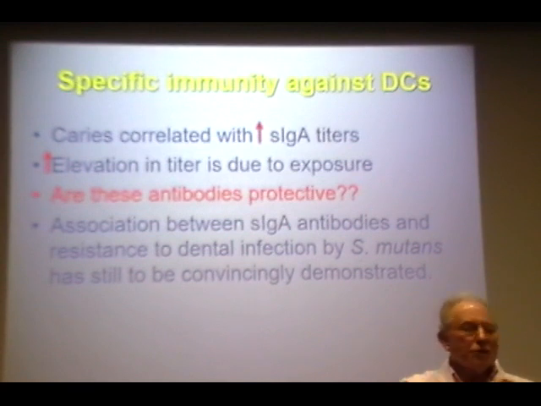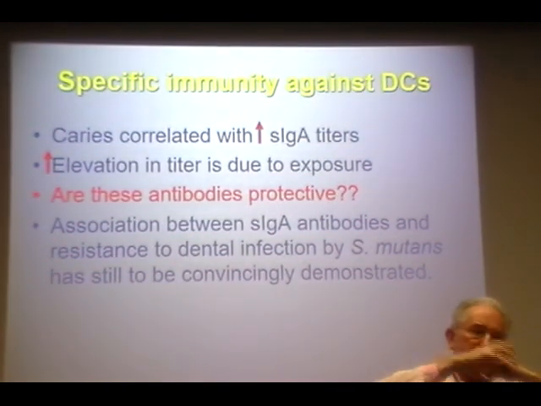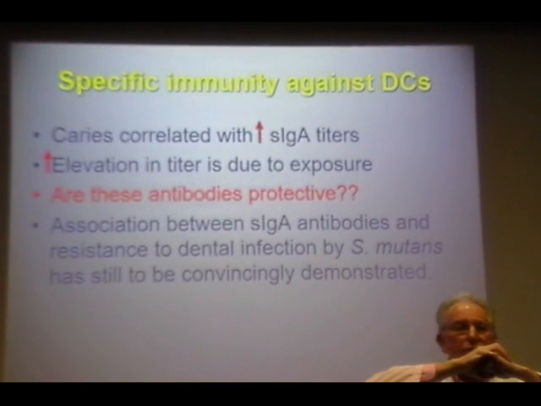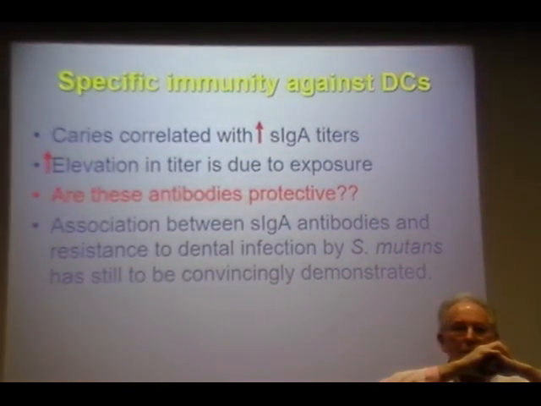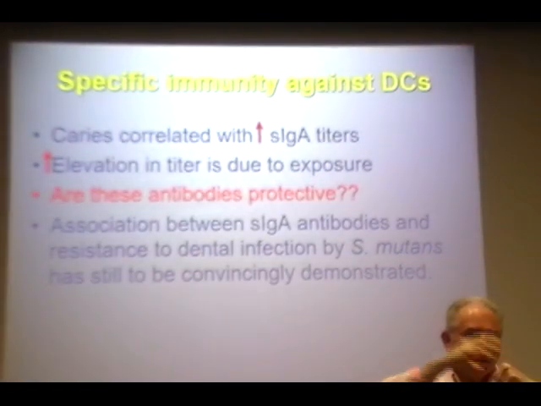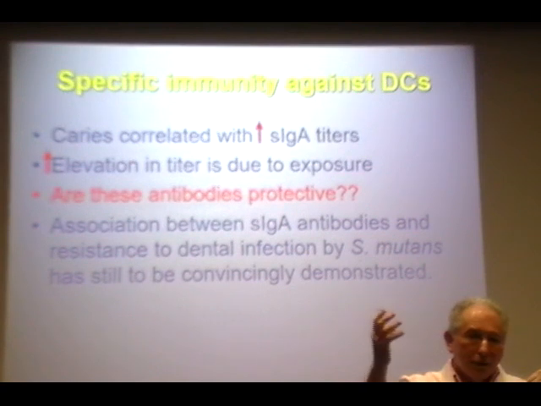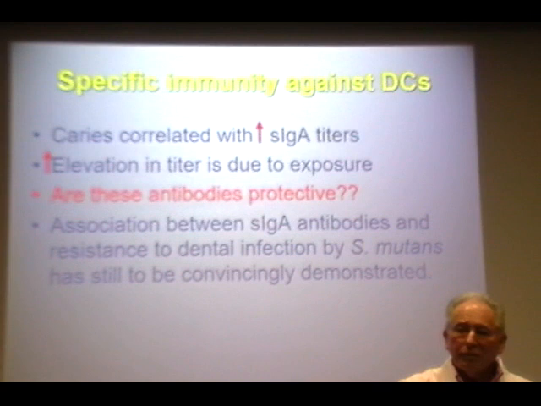Then there's another aspect to this dynamic, and it's called avidity. Avidity is a situation where the affinity may be strong, but the retention of the complex may be weak. So it may be binding and coming off, binding and coming off, right? If it comes off, it's not effective.